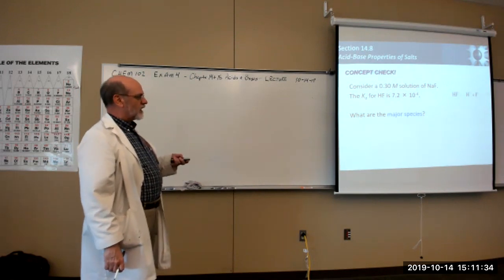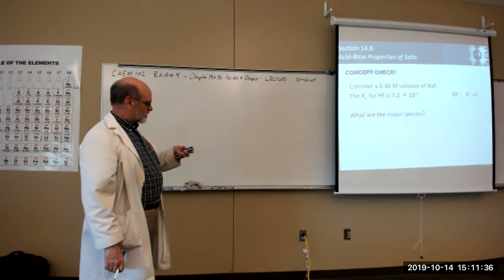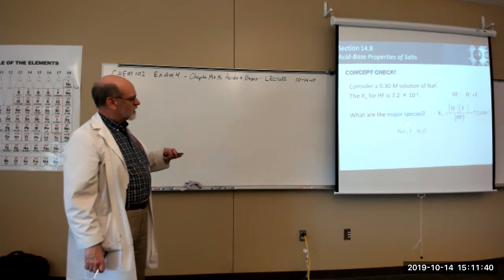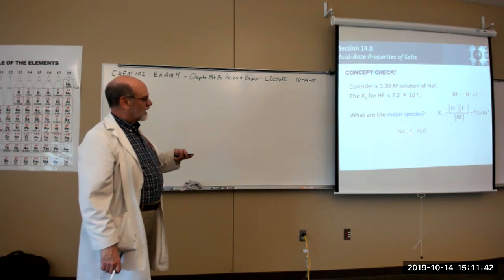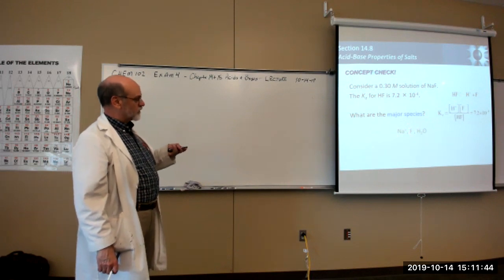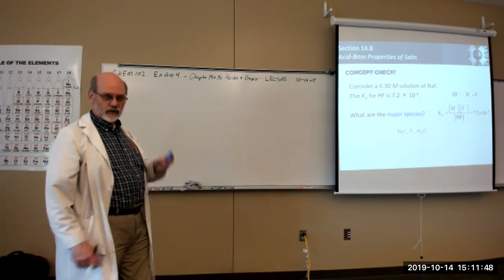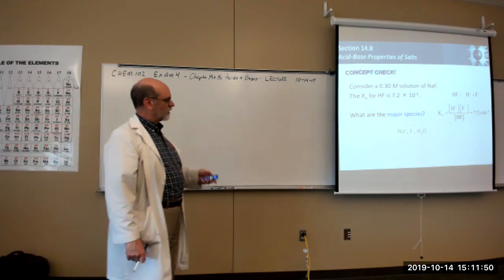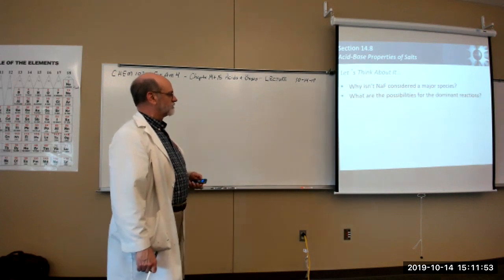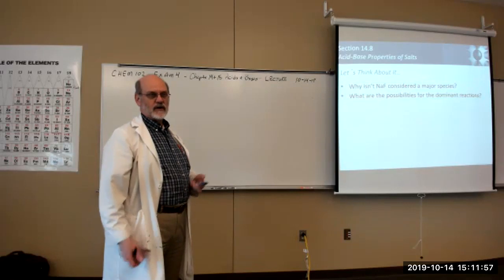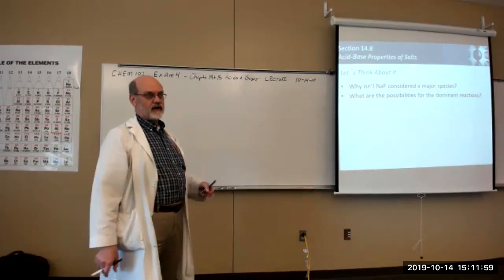Well, that's HF. That's for the Ka. But the major species, we're going to produce sodium and fluoride ion, because this is completely soluble, and water. So those are the major species in our reaction. What are they going to do? Well, sodium fluoride is not a major species because it's completely dissociated. There's none there.